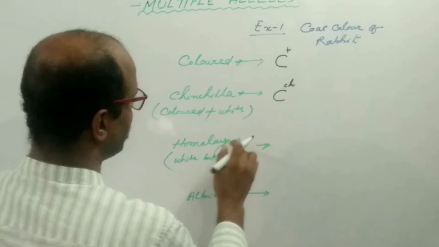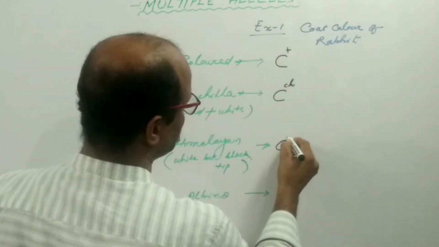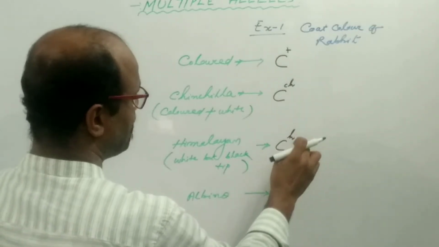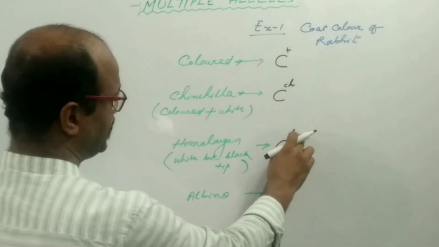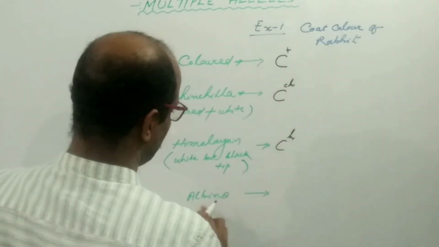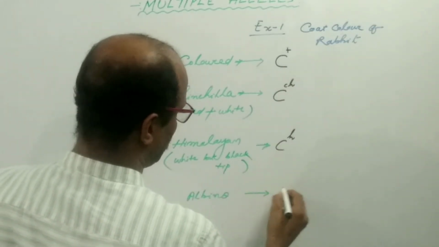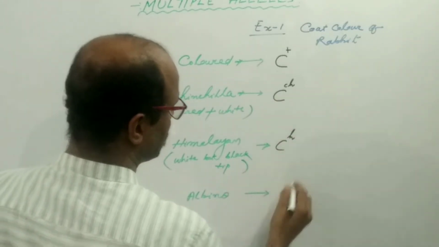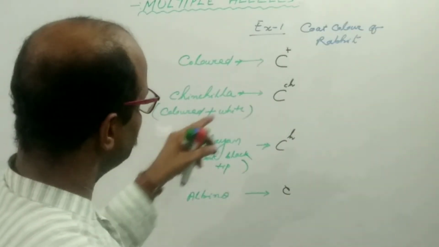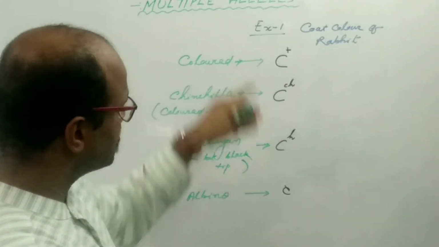For Himalayan color I am using c^h, capital C and H. This stands for Himalayan, and this is recessive to C plus and c^ch. And albino, this is recessive to all, that's why I am using small c, but I am using the same symbol or the same letter.